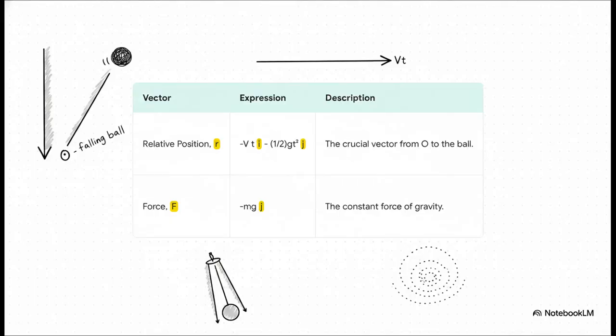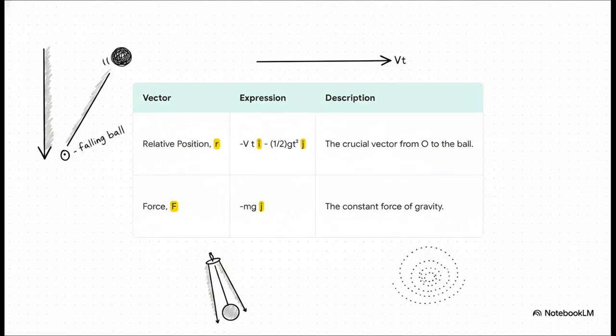Okay, now here's where the magic really happens. Let's look at how we write our vectors. The force vector, F, that one's easy. It's just gravity, right? So it's pointing down in the negative j direction. No big deal. But the position vector, r, oh, this is the really clever part. Remember, it's the vector that points from our moving point O to the falling ball. Horizontally, the ball just stays at x equals 0, while point O scoots over to x equals vt.